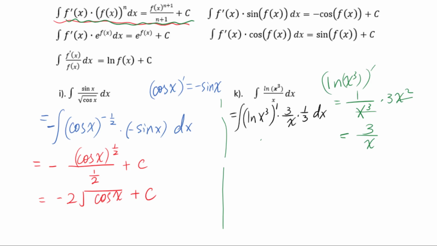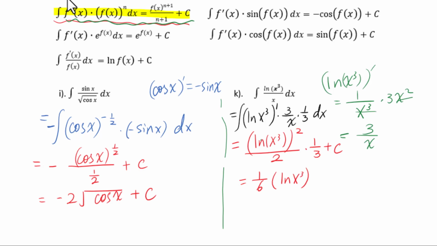We have to use this formula: equals natural log of x to the 3rd power, then squared over 2 times 1 over 3 plus c. Organize: 1 over 6 times natural log of x to the 3rd power squared plus c.